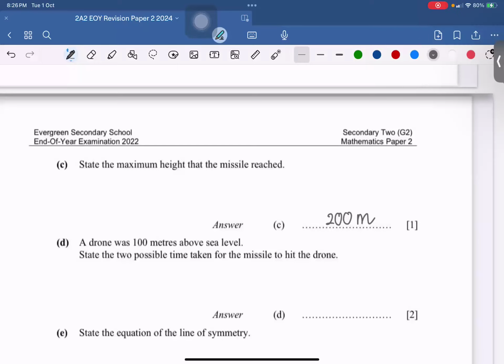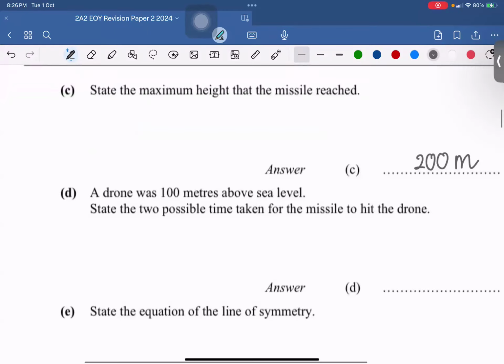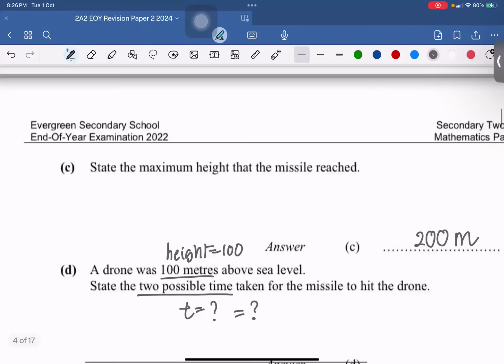Okay. Next one, a drone was at 100 meters. This is your height given. They want to find two possible timings, so they want to find t equals to what number.